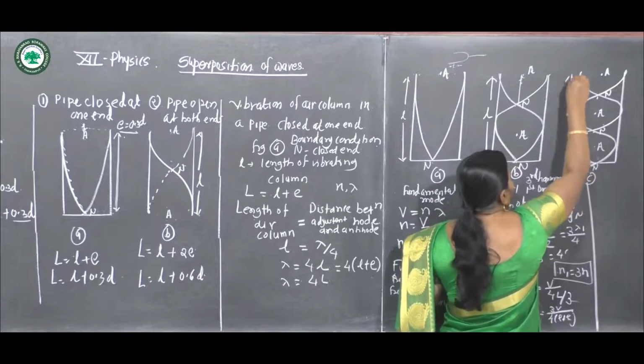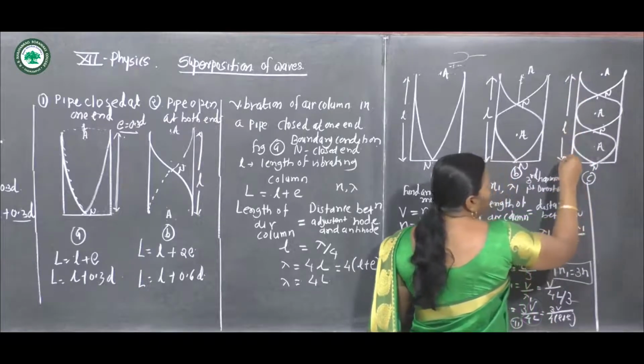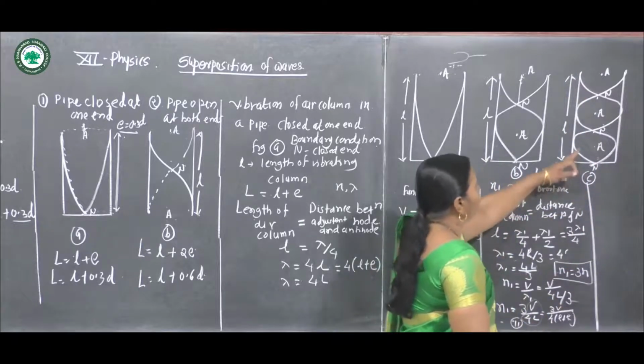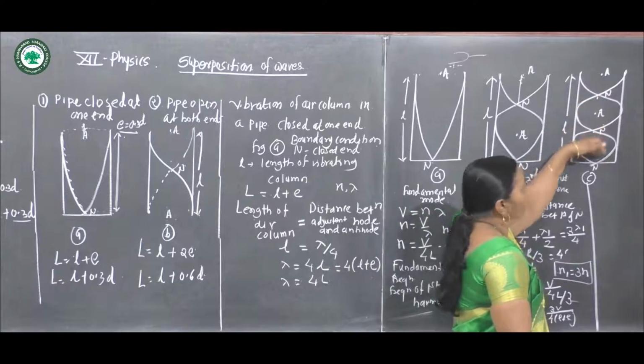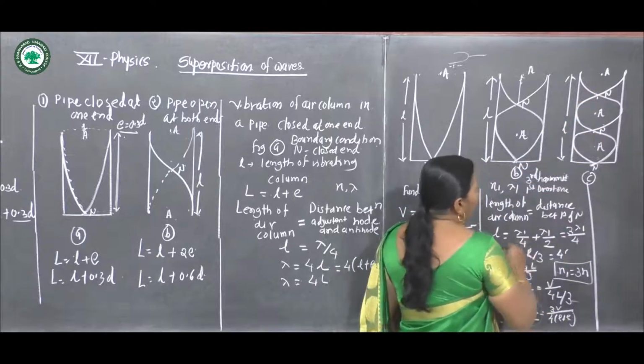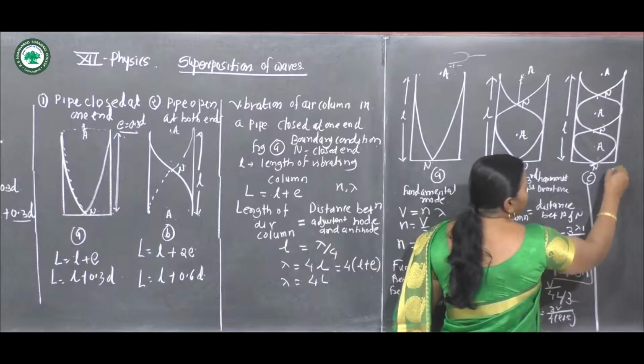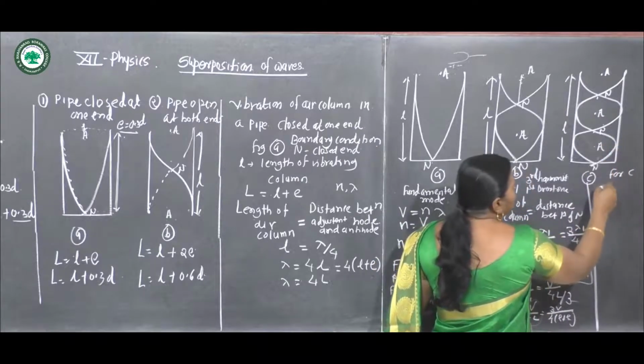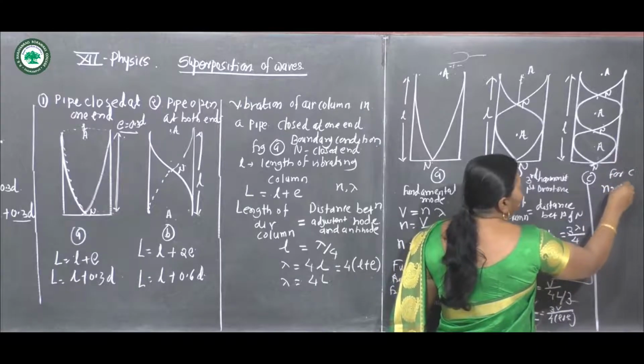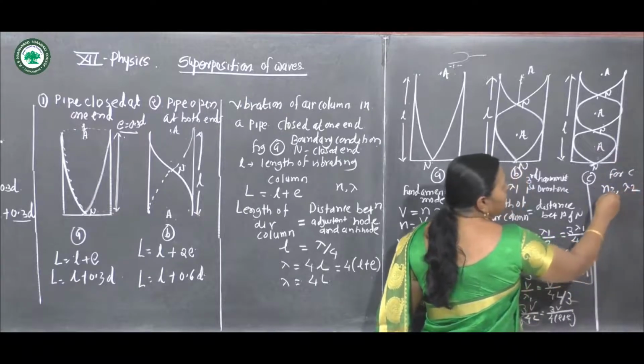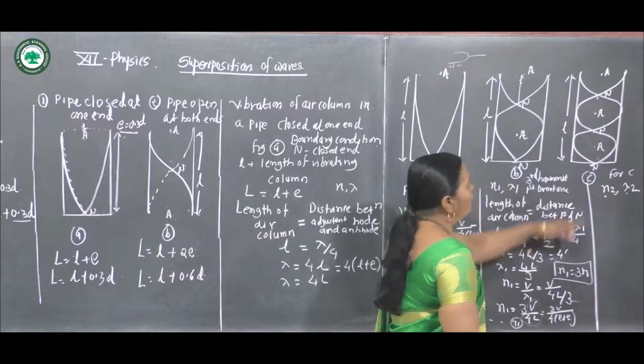Now L is the length of air column. In this mode, there are 3 antinodes and 3 nodes. For figure C, n2 and lambda 2 are the frequency and wavelength of this mode.